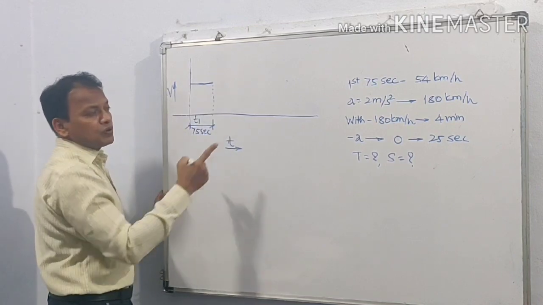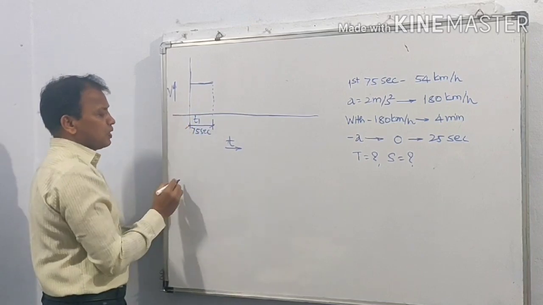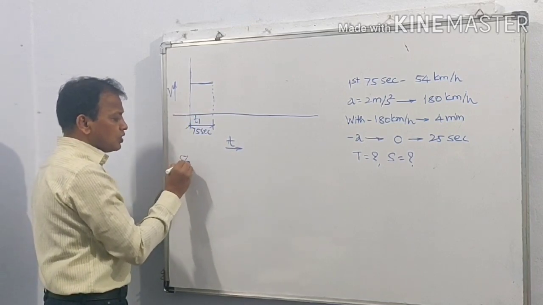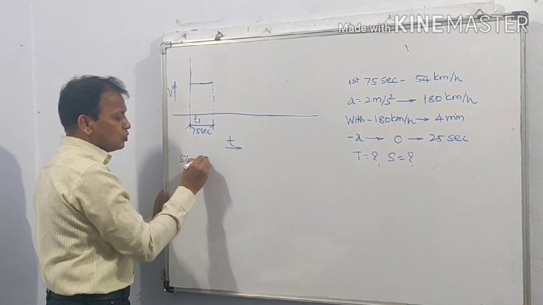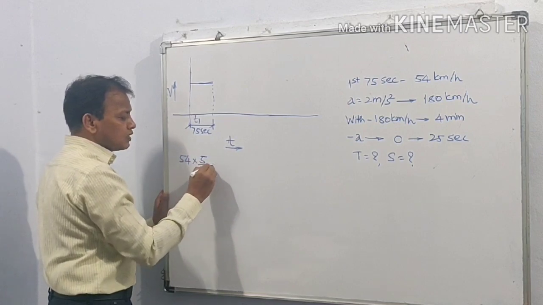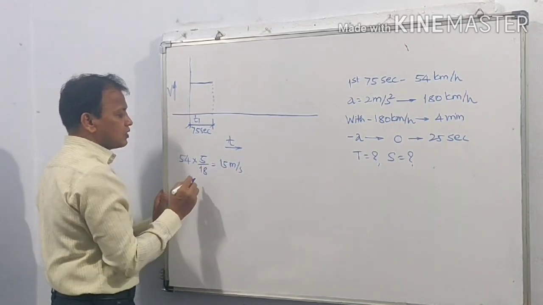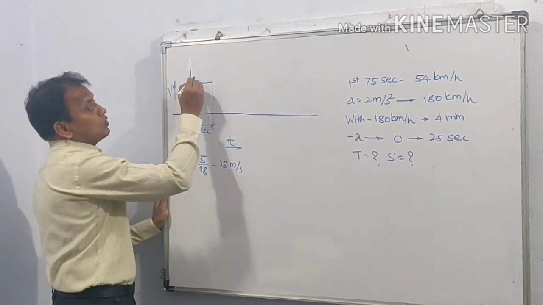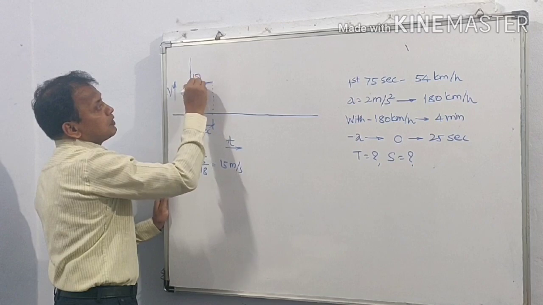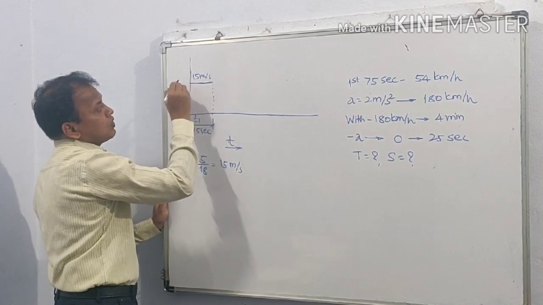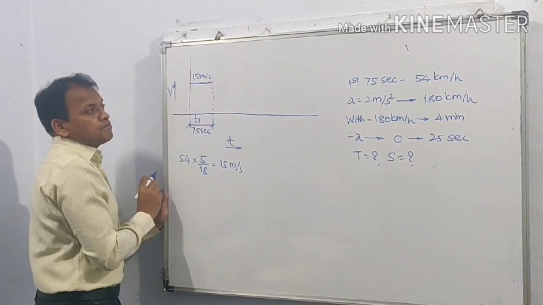The velocity is uniform, that is 54 km per hour. Now when this 54 is converted into meter per second, this is 15 meter per second. Now here we can write 15 meter per second. This velocity is 15 meter per second.